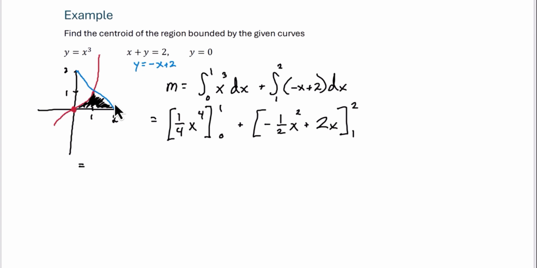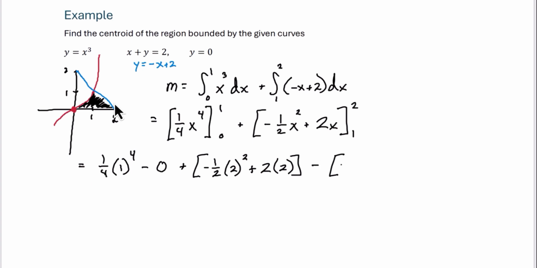Now plugging in those limits, we'll get 1/4 times 1 to the 4th minus, plugging in 0 is just going to give us 0. Then in the second integral, we'll plug in the upper limit, 2. And then we'll subtract and plug in the lower limit, 1.